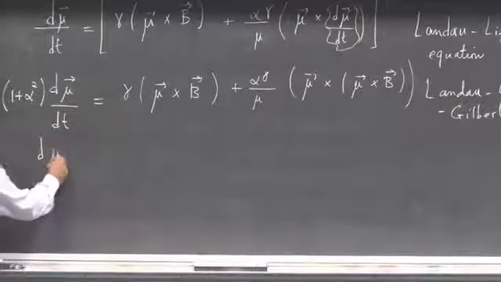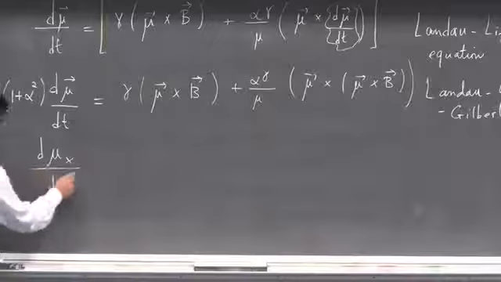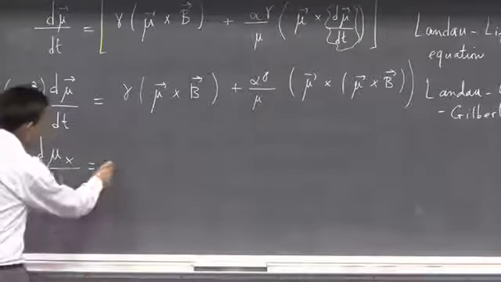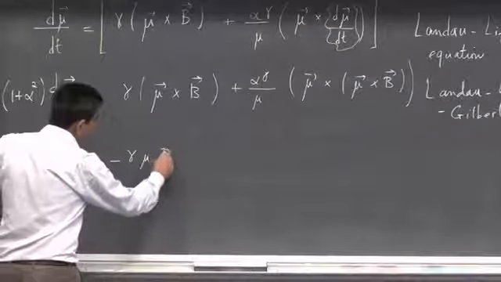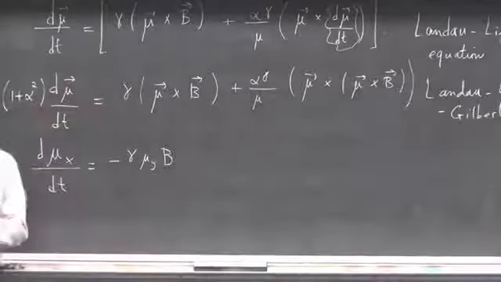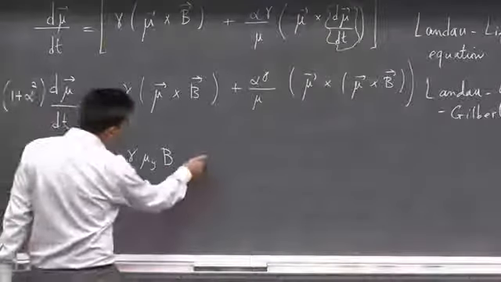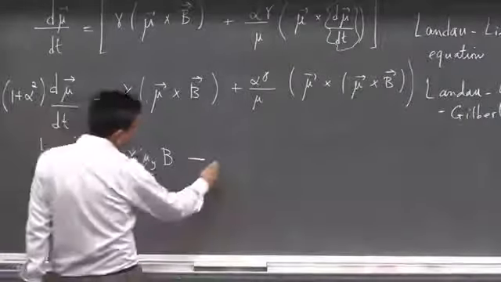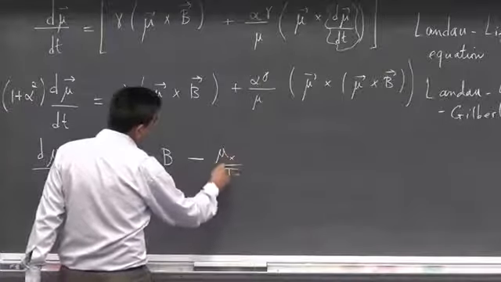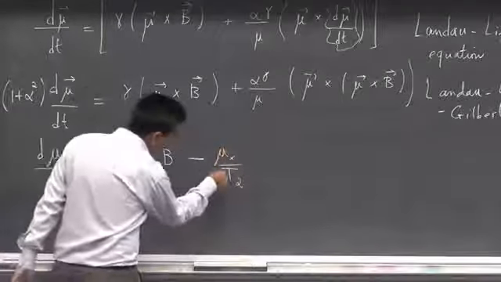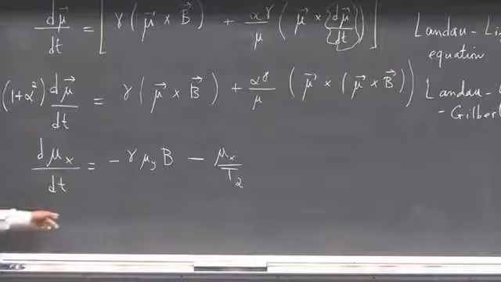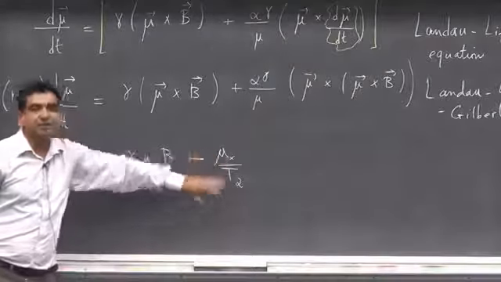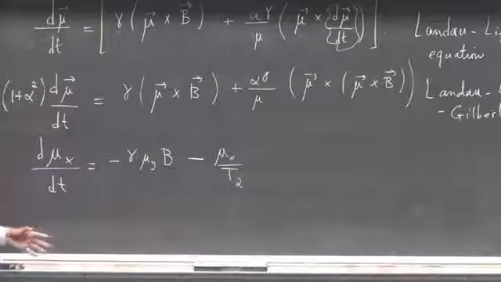d mu x over dt, which is simply given coherently by gamma mu y over b. If you solve this equation, you get the precession. However, if you phenomenologically add another term to it, which is minus mu x over T2, okay, but this T2 has dimensions of time, can you imagine what is going to be the effect of this additional term on this equation?